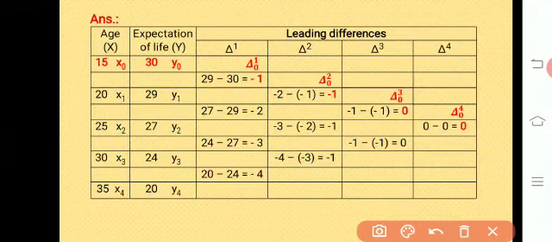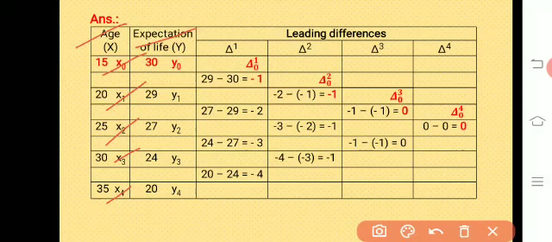In the solution, as usual, x is nothing but age, and expectation of life is y. Further, x values are denoted by x0, x1, x2, x3 and x4. Similarly, y values are y0, y1, y2, y3 and y4. Then we have to find the leading differences. We will see how to find them.